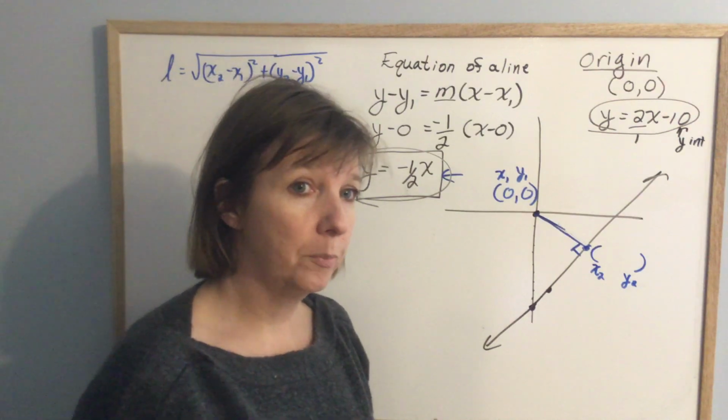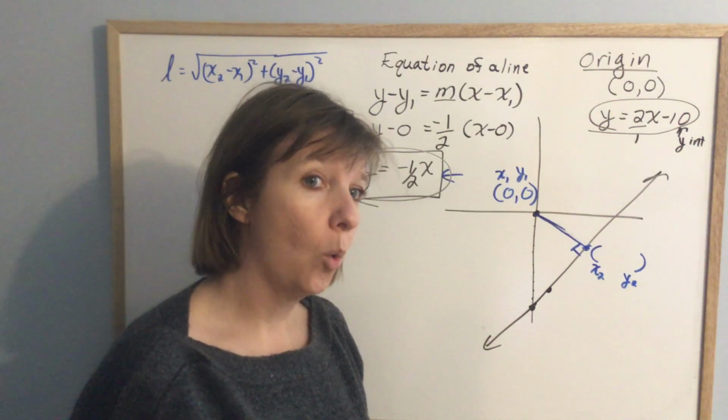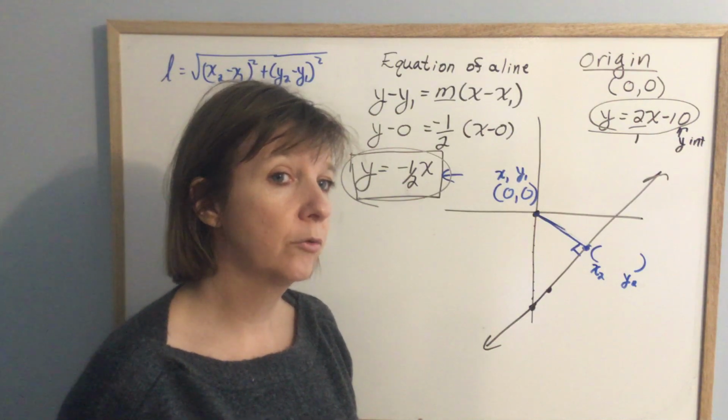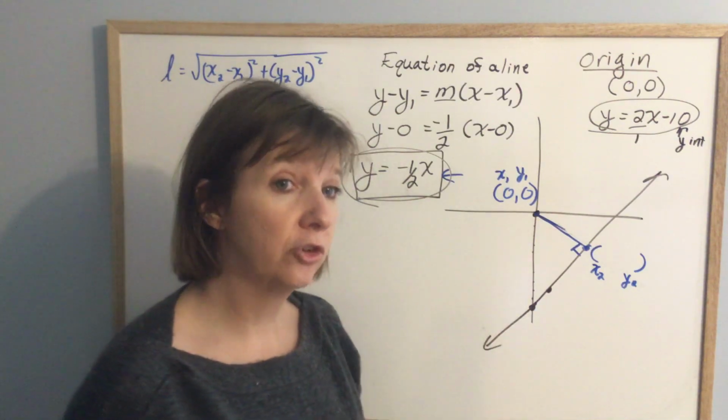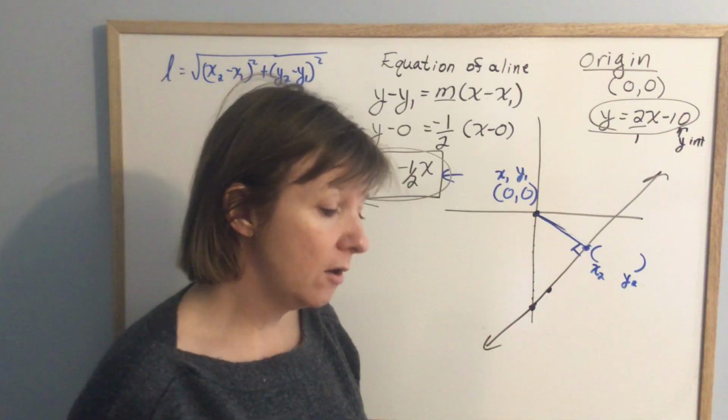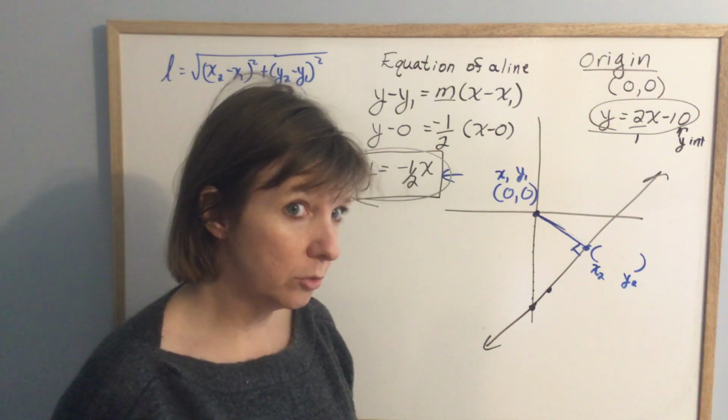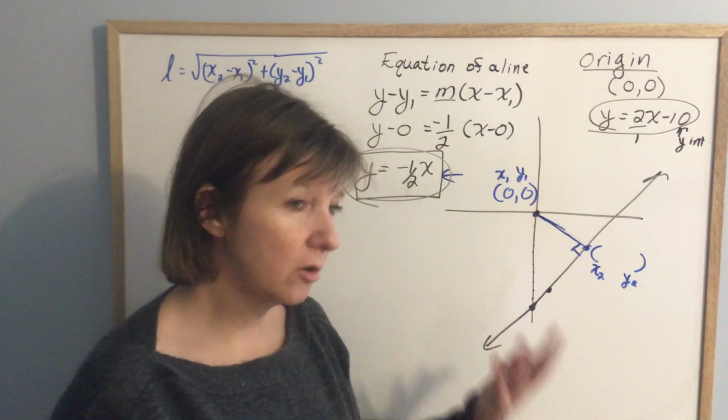Or I could solve by substitution, or by eliminating one of them. And honestly, it's up to you. But here's how they do it in the textbook. Here's how I do it.